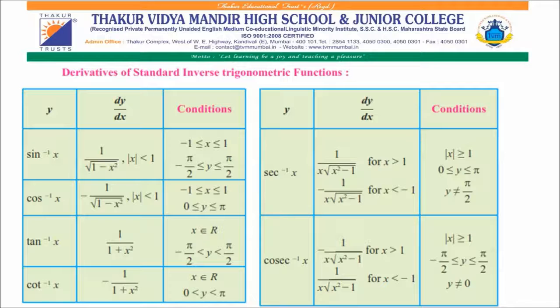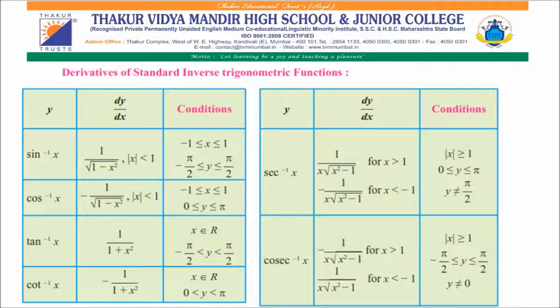Now see all the formulas and theorems listed here in tabular form. Here all the derivatives of inverse trigonometric functions are given. Derivative of sine inverse x is 1 upon under root 1 minus x square. Derivative of cos inverse x is minus 1 upon under root 1 minus x square.